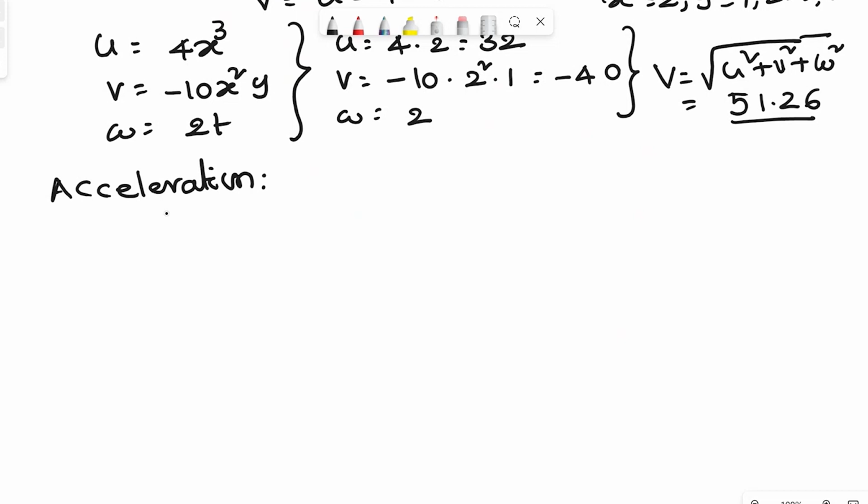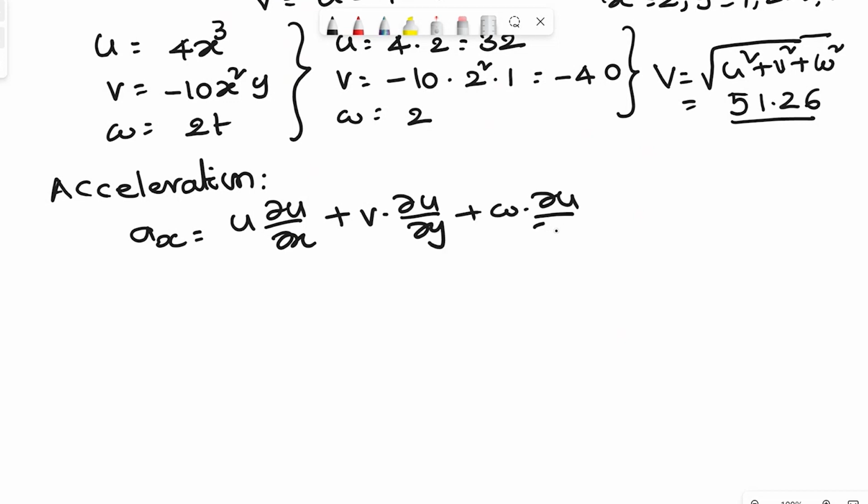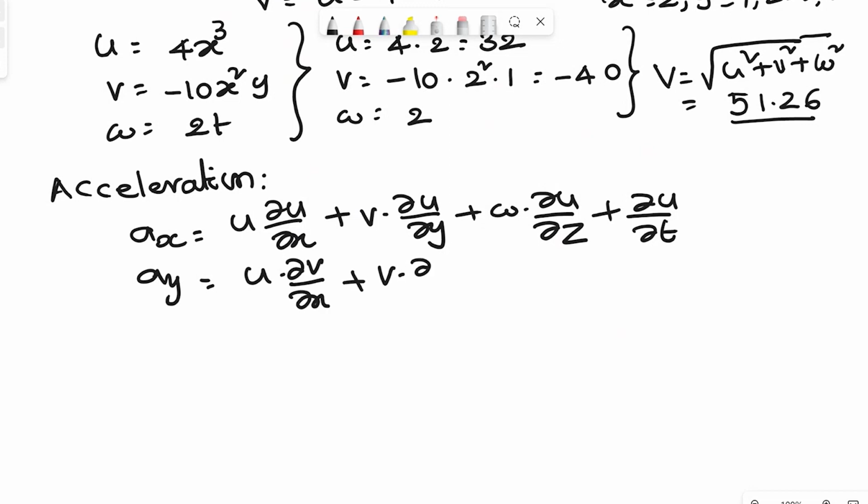Acceleration: we know that ax is equal to u dou u by dou x plus v into dou u by dou y plus w into dou u by dou z plus dou u by dou t. Similarly, ay is equal to u into dou v by dou x plus v into dou v by dou y plus w into dou v by dou z plus dou v by dou t.